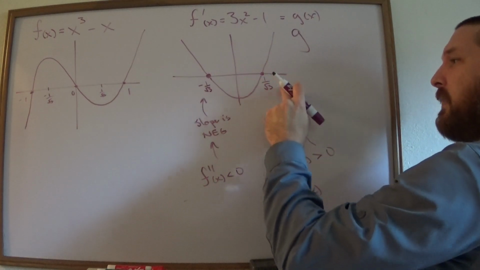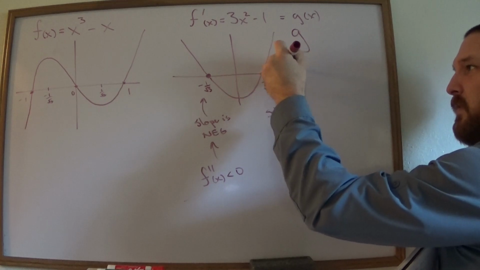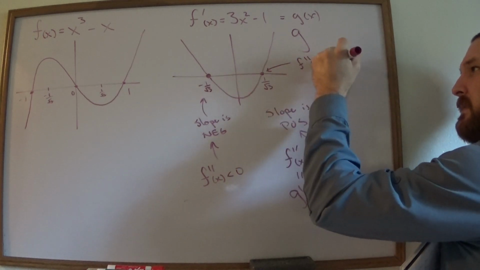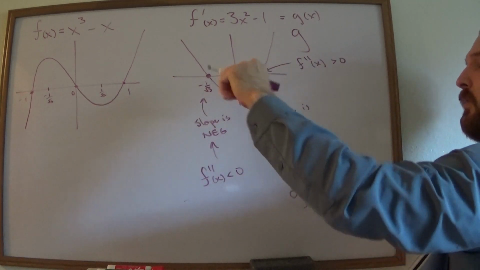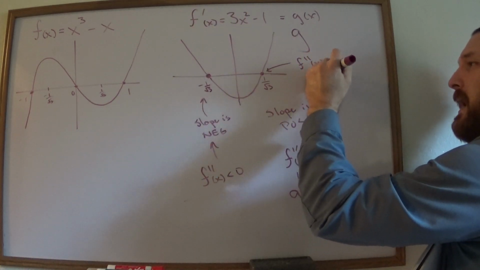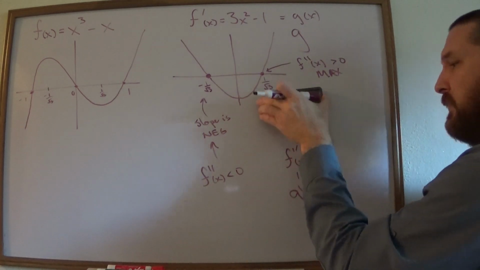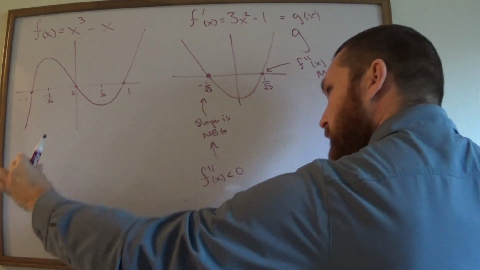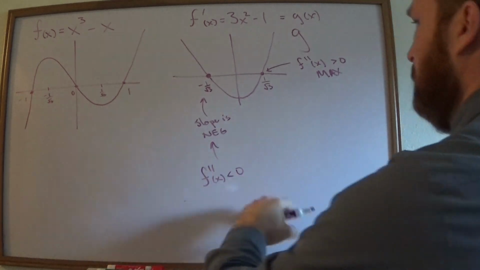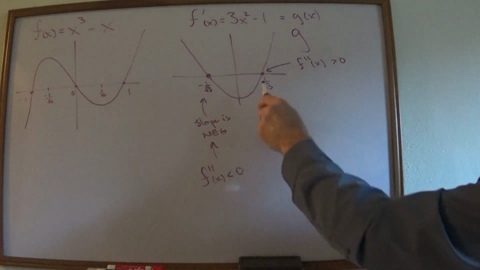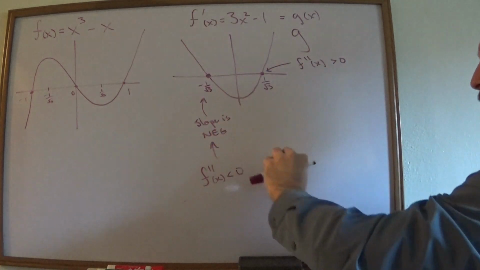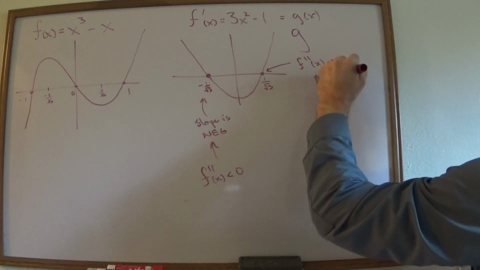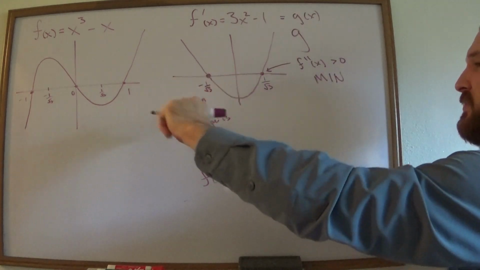So what we just said, and remember this is all in terms of critical numbers here. If you have a critical number and its second derivative is positive, then you're going from negative to positive, so you must have a min, back at the original function. Originally, you have a critical number, so you know the slope is 0.